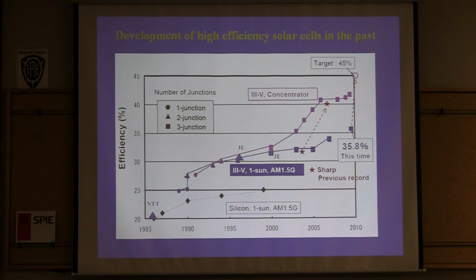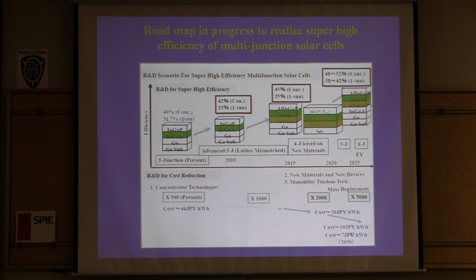So the race in the world is very fast. The target is to reach 45%. A few years ago they expected to achieve it, but still have not. Maybe only in experiments in the lab, it cannot become a commercial product right now because of a lot of problems. So the 3-junction technology is solved.